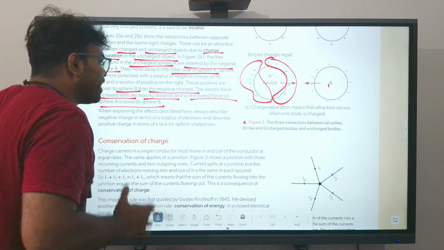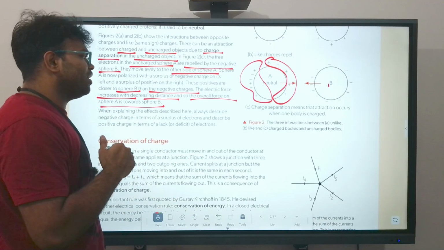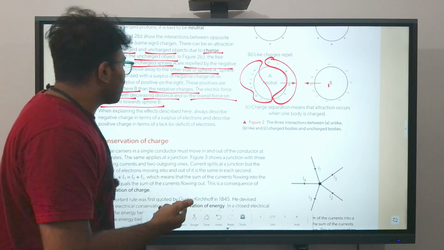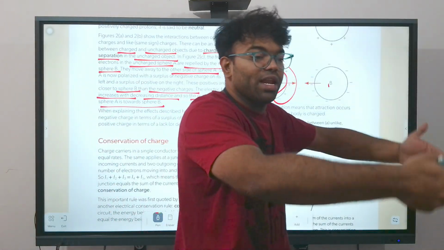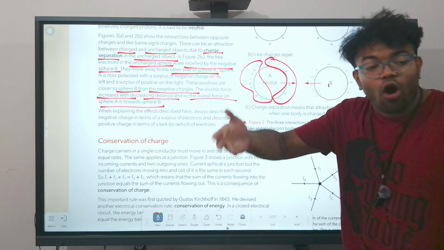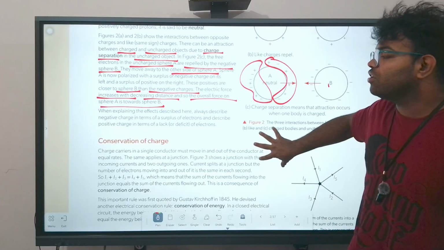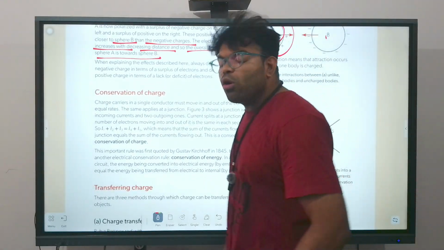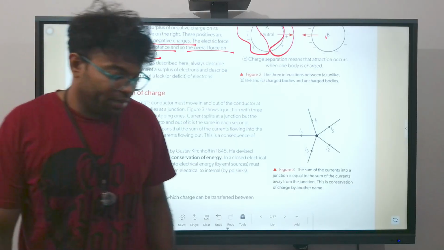Now, when explaining the effects described here, always describe negative charge in terms of surplus of electrons and positive charge in terms of deficiency or lack of electrons. Understood? Now, what does conservation of charge mean?